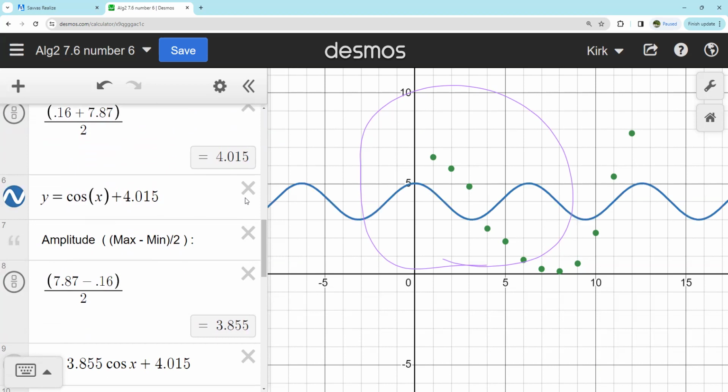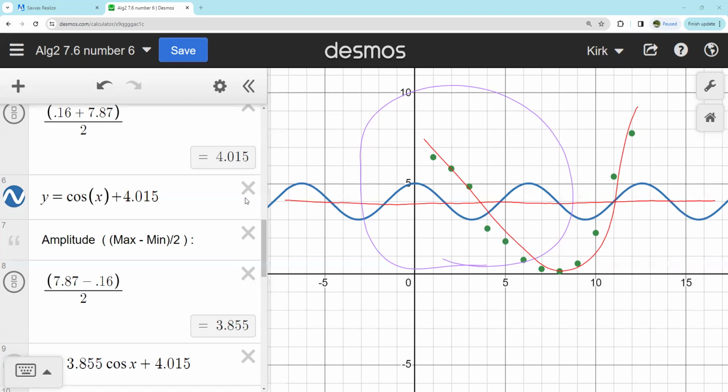What that did is put in my midline, going down this axis. If you look at these green dots, it's kind of halfway in between those. So I've got my sinusoidal axis or midline in at the 4.15.